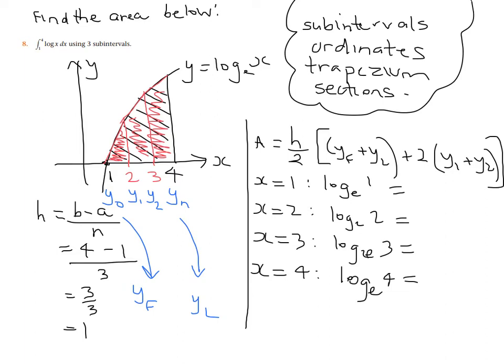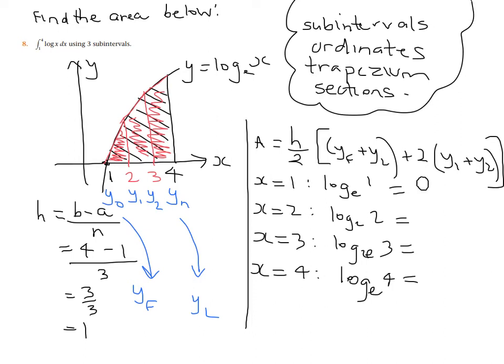Now, the question doesn't give any specification as to approximation. What I mean is, if I left it as log 1, log 2, etc., that's exact. If it says to 1 decimal place, then I've got to sub it into the calculator. So I'm going to do that today, and we'll do it to 1 decimal place. So log 1, and you guys don't know this yet, but log 1 is 0.